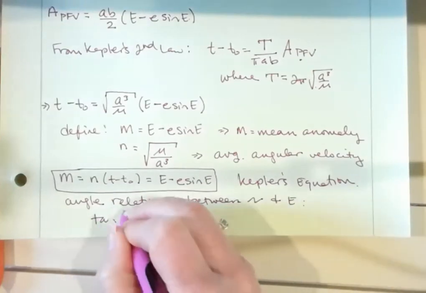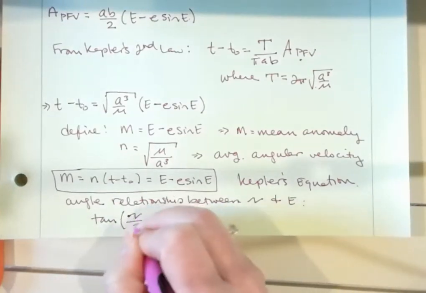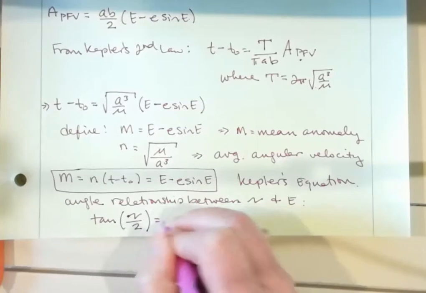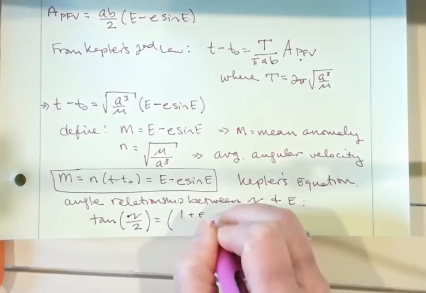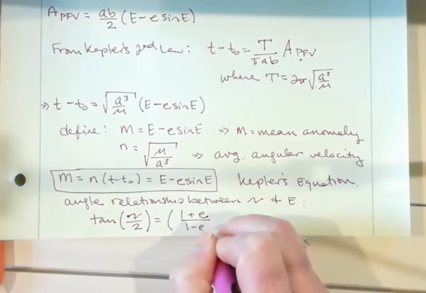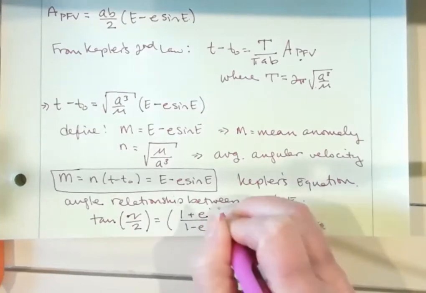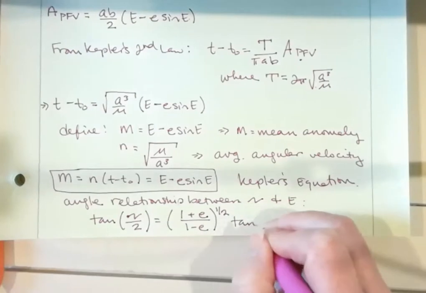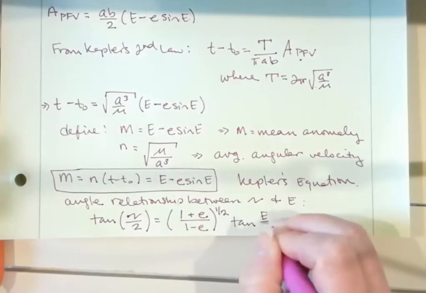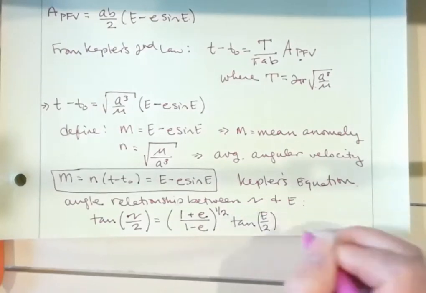The tangent of the true anomaly over 2 equals ((1 plus eccentricity) over (1 minus eccentricity)) to the 1/2 power times the tangent of the eccentric anomaly over 2.